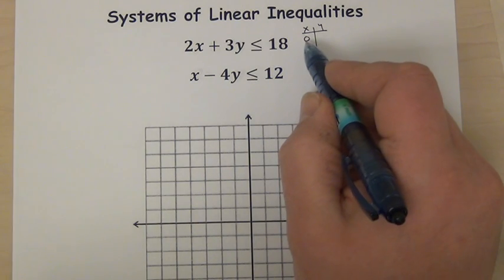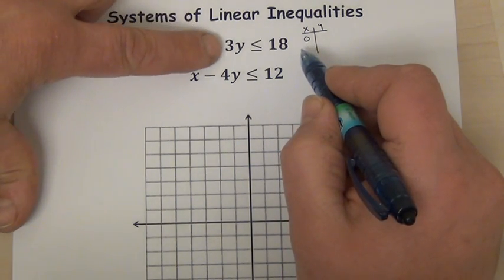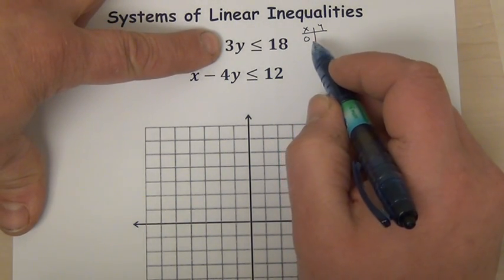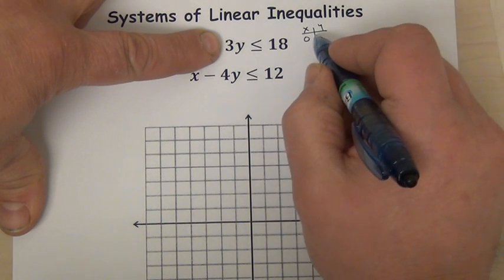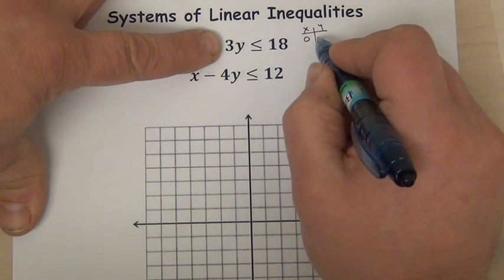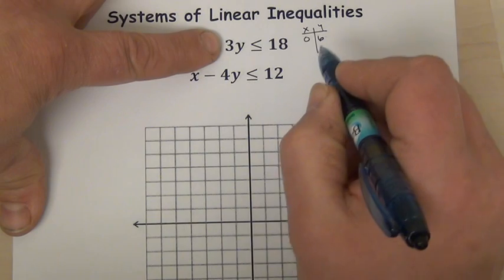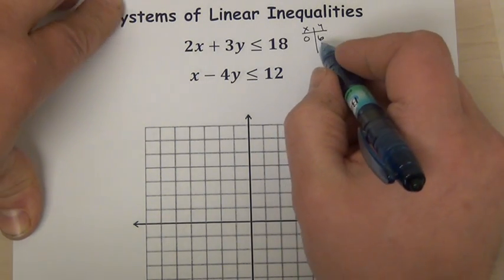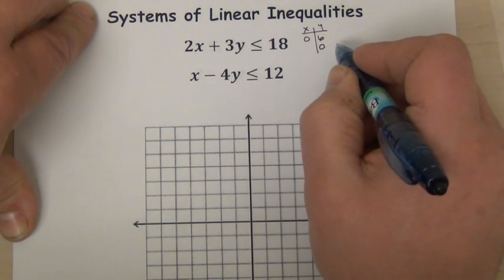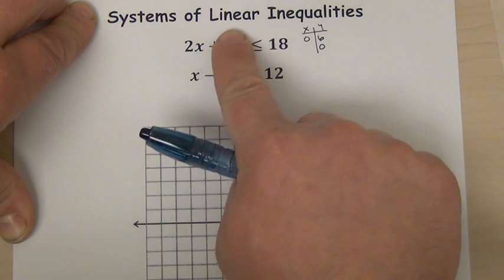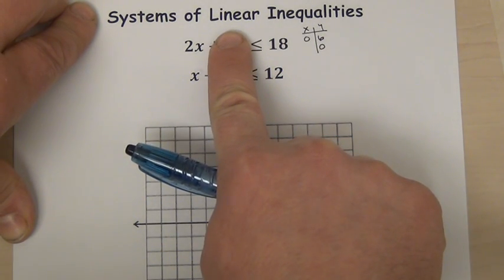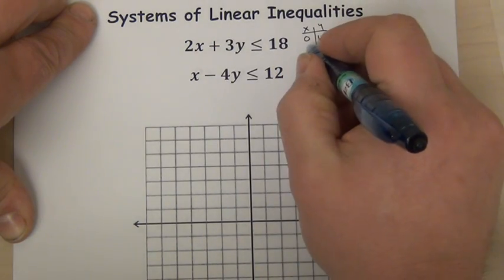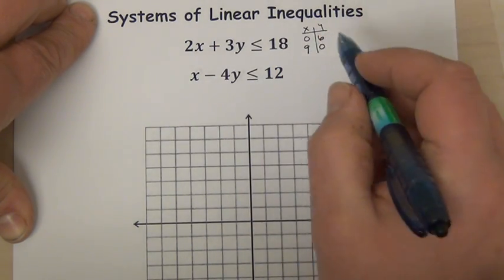When I plug in 0 for x, 2 times 0 gives me 0, and I essentially end up with 3y equals 18, which gives me a y-intercept of 6. To find the x-intercept, I plug in 0 for y, and I get 2x equals 18, divide both sides by 2, and I get an x-intercept of 9.